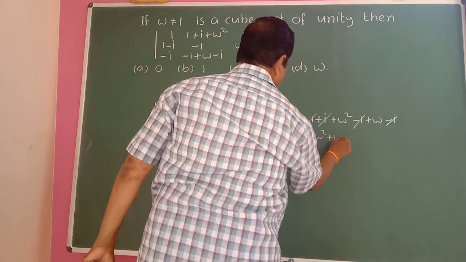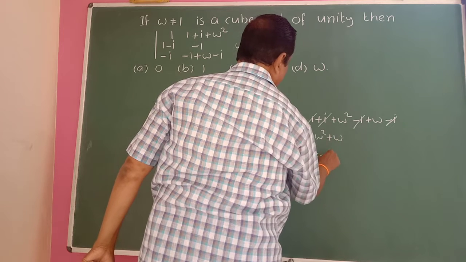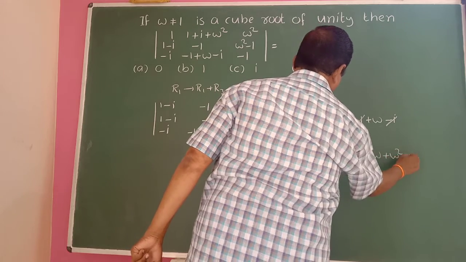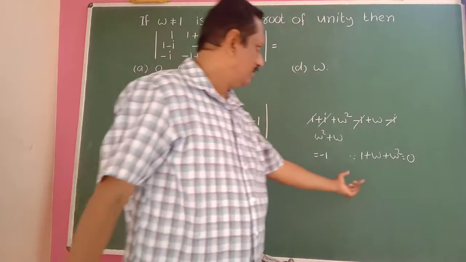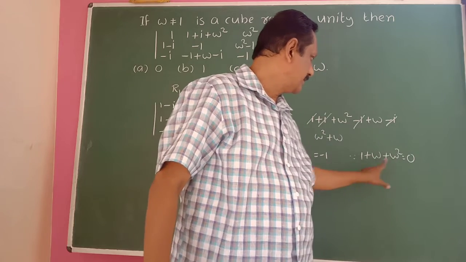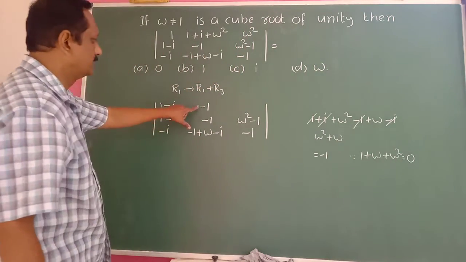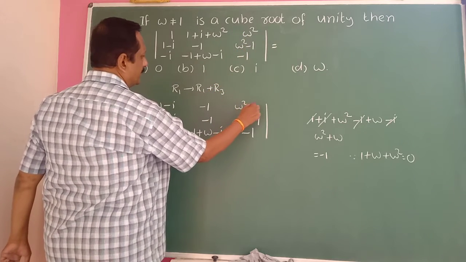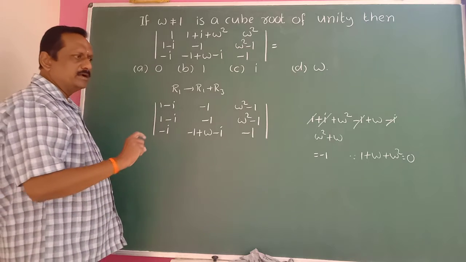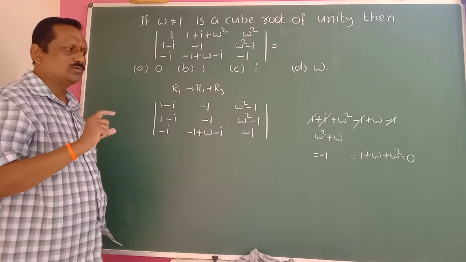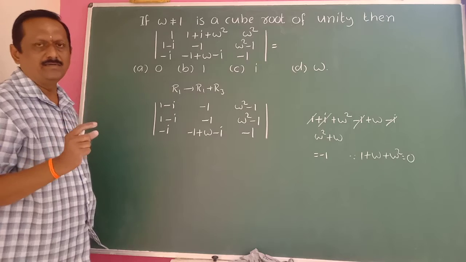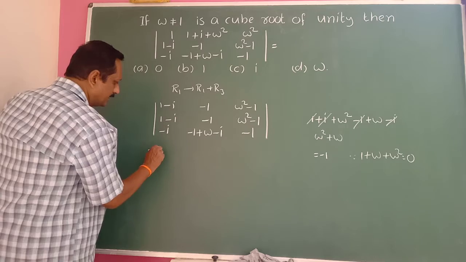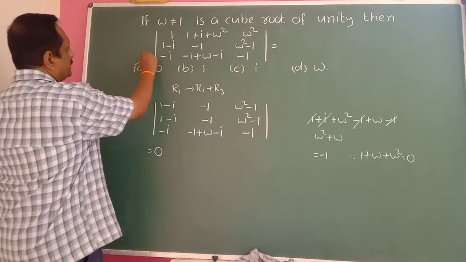Omega square plus omega, then obviously it is minus 1 here, because you know 1 plus omega plus omega square is 0. Then omega plus omega square, take 1 to the right hand side, it is minus 1. Then this plus this here, so omega square minus 1 here. In a determinant, if 2 rows or 2 columns are identical, then the value of the determinant is 0. So 2 rows are identical here, so the value of the determinant is 0. Yes, first option is correct here.